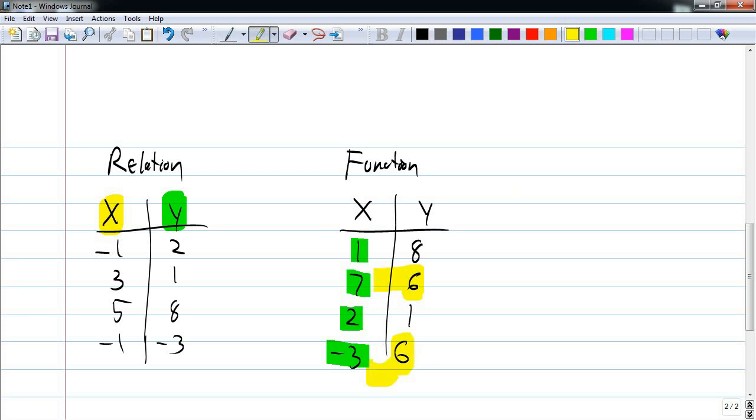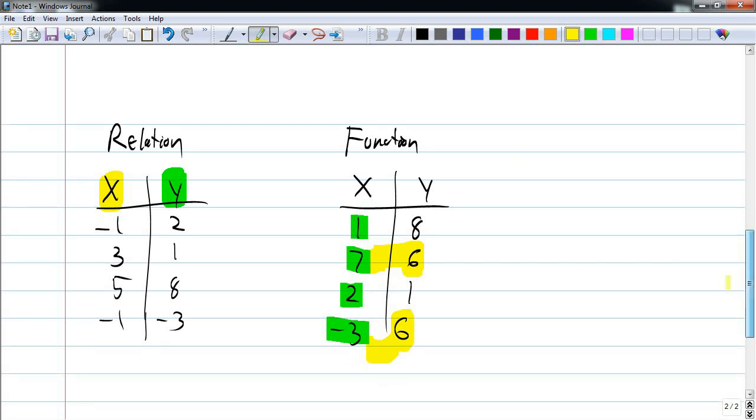Look at that. The 6 likes to get around a little bit. In a function, y is allowed to relate to as many x's as it wants, but only one x. Each x is only allowed a single y value in a function.